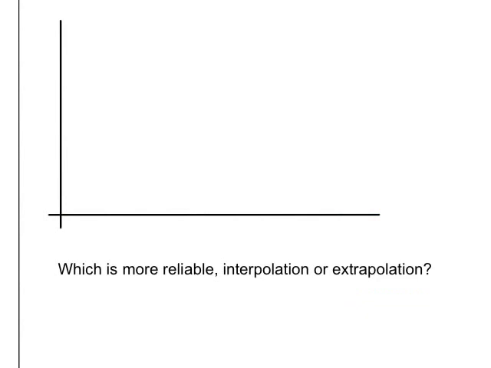Now for each of these, I wanted you to see if you could figure out which one is more reliable, interpolation or extrapolation. So let's look at an example. Let's say we've got some data points that are along our graph, and you were asked to interpolate.